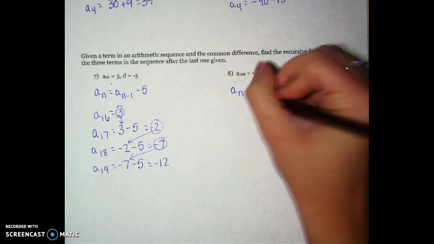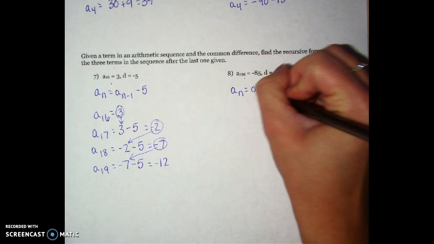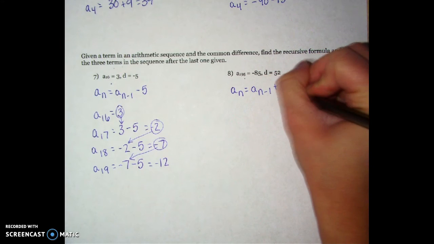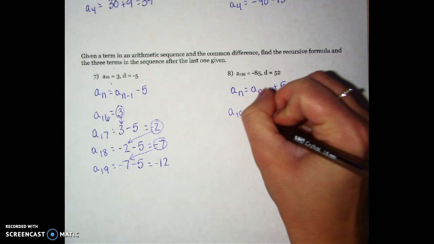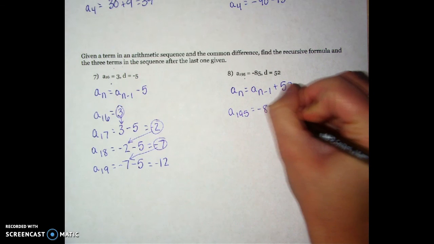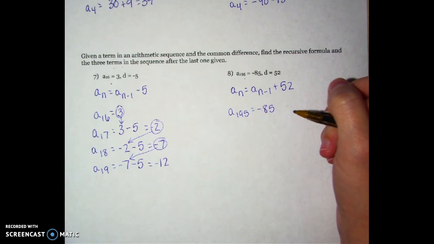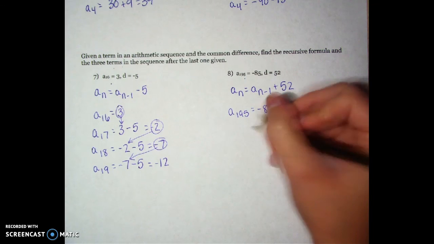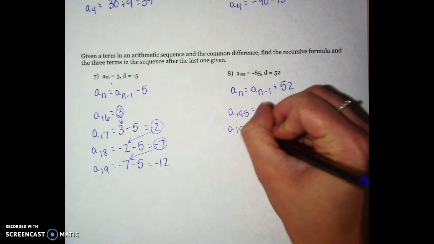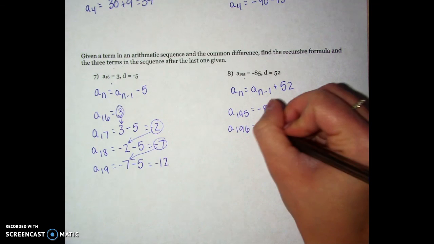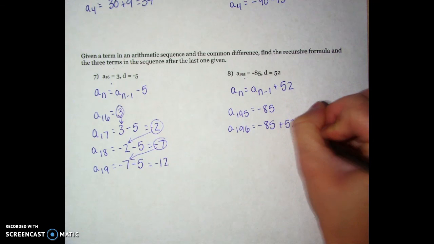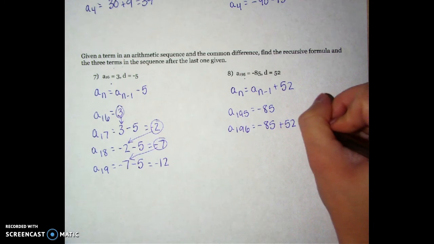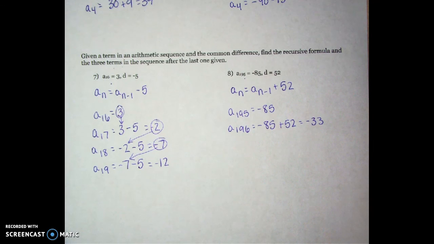A sub n equals a sub n minus 1 plus 52. A sub 195 is negative 85, so now I need to find 196, 197, and 198. So that's negative 85 plus 52, and that's negative 33.